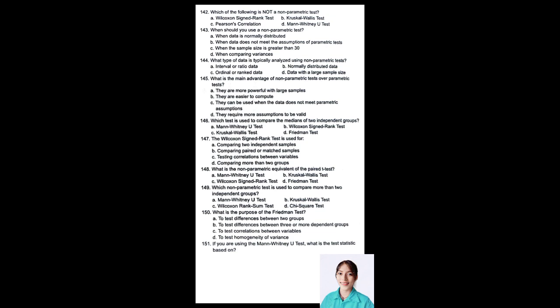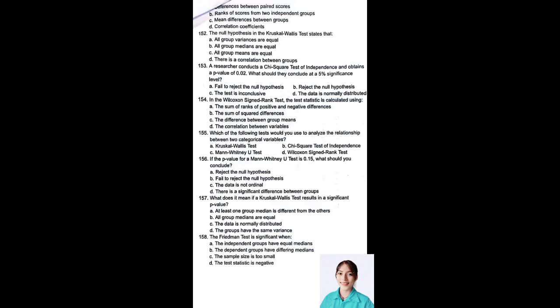Then we have 151. If you are using the Mann-Whitney U test, what is the test statistic based on? So it's based on ranks of scores from two independent groups. So that's in option B. Then we have the 152. The null hypothesis in the Kruskal-Wallis test states that all group medians are equal.